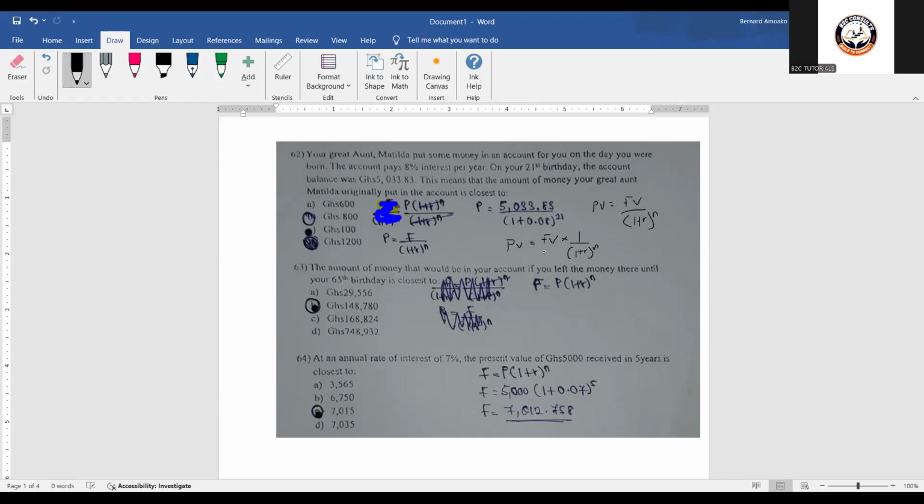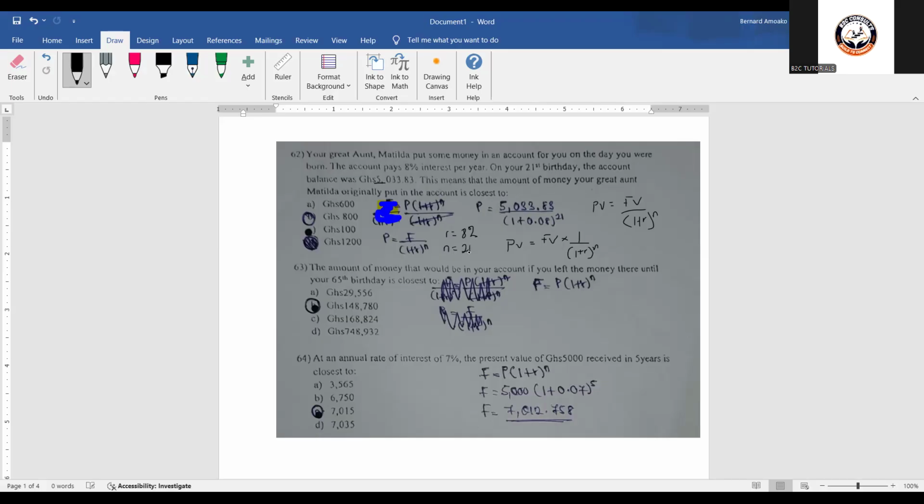So this happens to be the future value. Now the rate in the question is 8%, and the number of years n is 21 years.